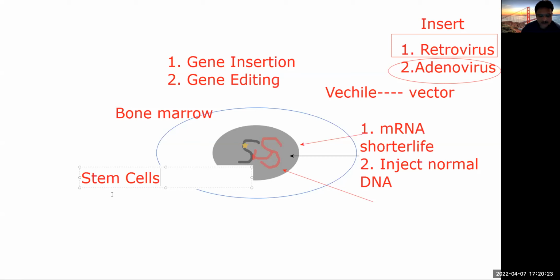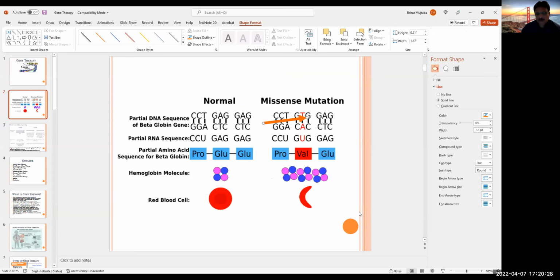As I mentioned to you, I'm teaching you in a different way because I'm taking a most translational example. Otherwise, I can teach you what is gene therapy, what is insertional gene therapy, what is gene editing, and done. But I'm presenting the clinical picture, biochemical picture, and molecular biology picture, so that you develop the ability to think in that way.